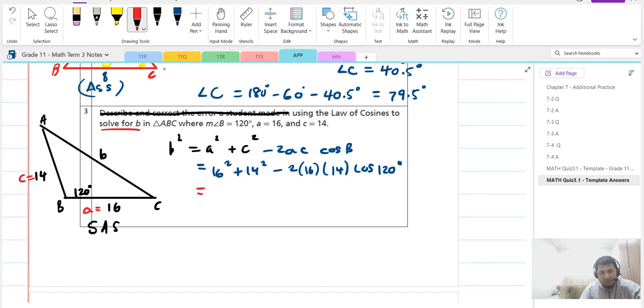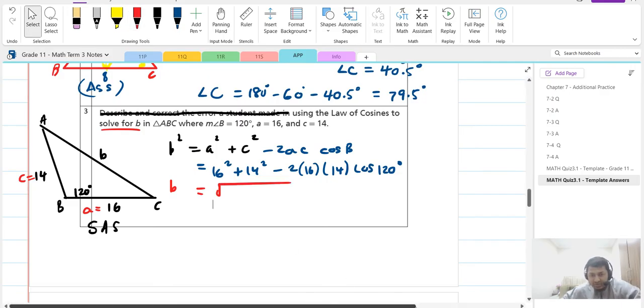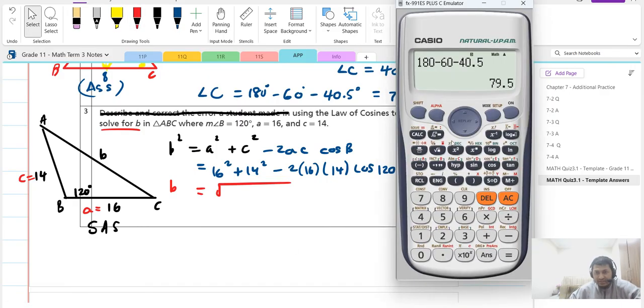Now if we calculate everything and take a square root of what we have here, we should get the answer. Let's calculate everything. So we have 16 squared plus 14 squared minus 2 times 16 times 14 cos 120.